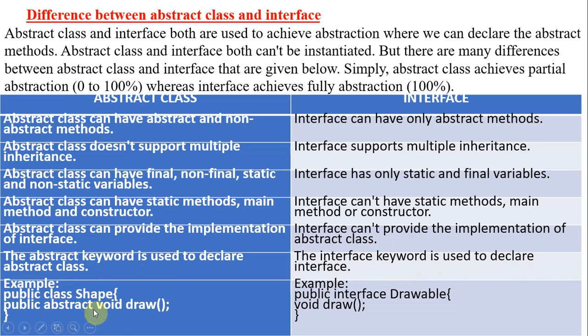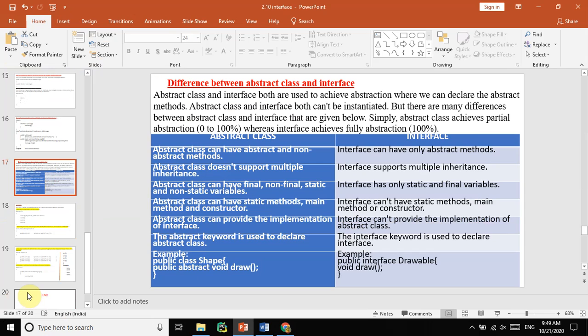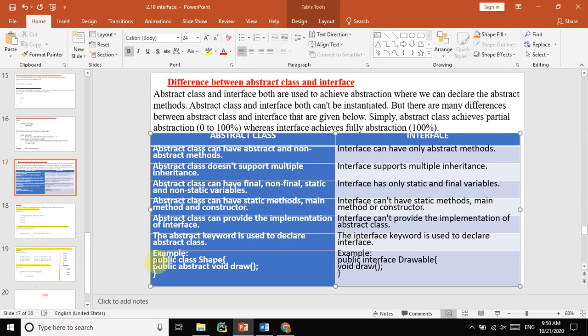So this is the way we can declare the abstract class. Here we missed one keyword, abstract. Every abstract class should have the keyword abstract.